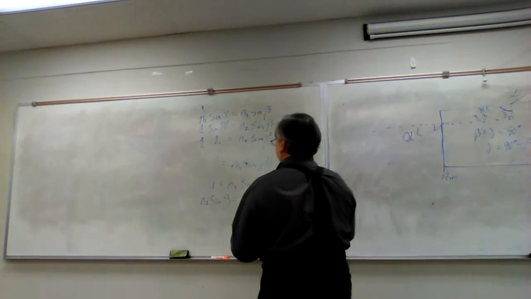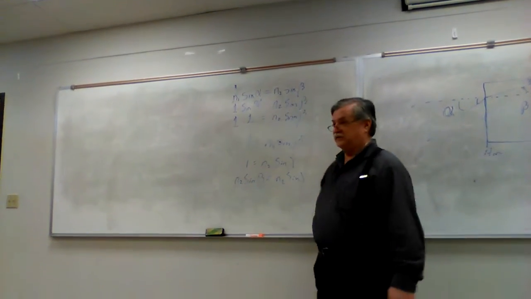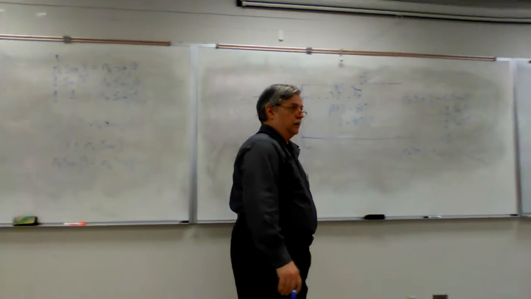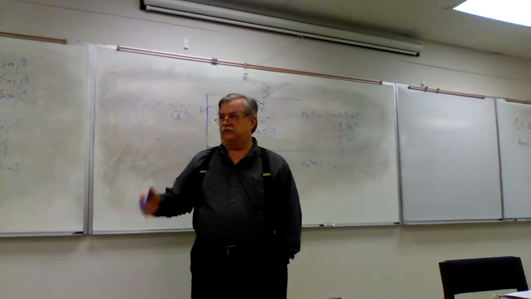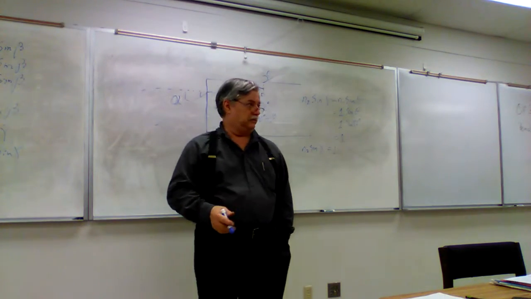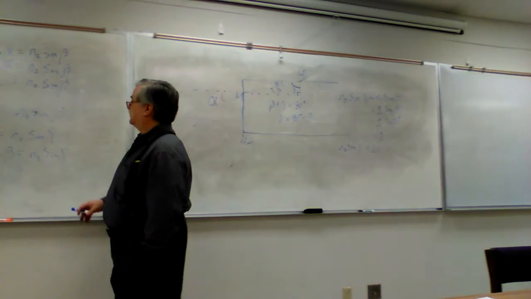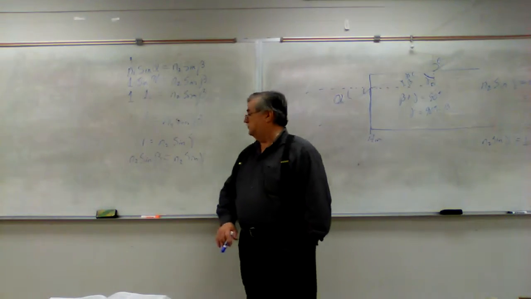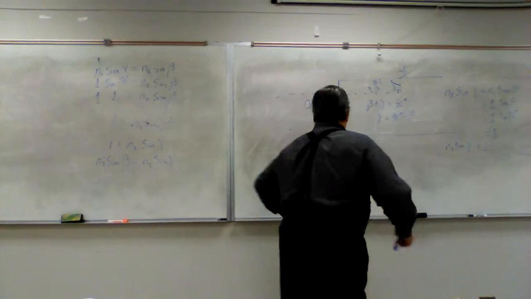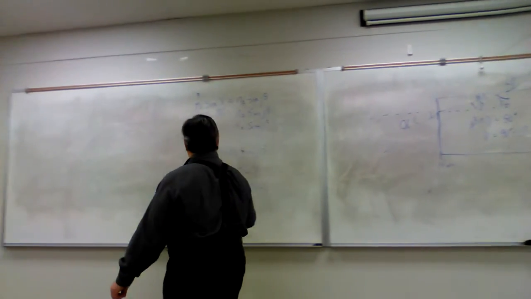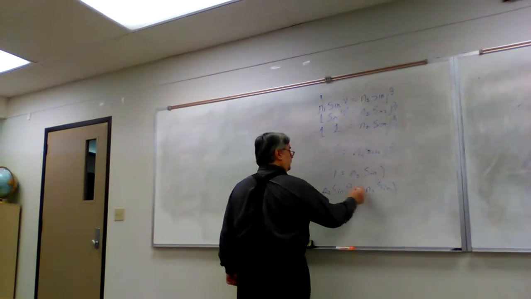So this is the condition we found that has to be achieved in order for us to ensure total internal reflection. That n2 sine of beta must equal n2 sine of gamma, which you can immediately see, you can divide out the n2, that doesn't matter.